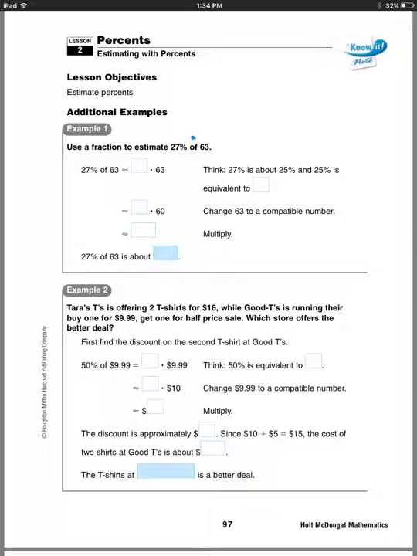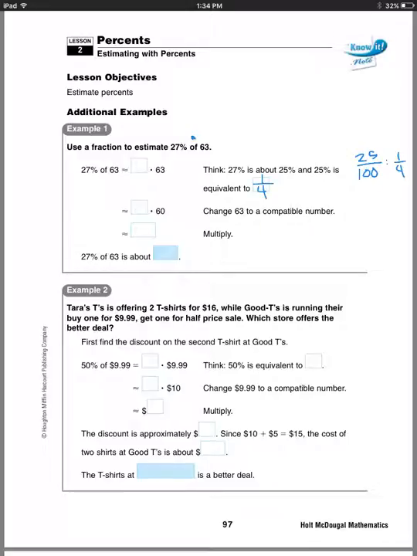It looks more like a fraction we're used to having. And 25%, you can put 25 over 100, which is equal to 1/4. So 25% is equivalent to 1/4.